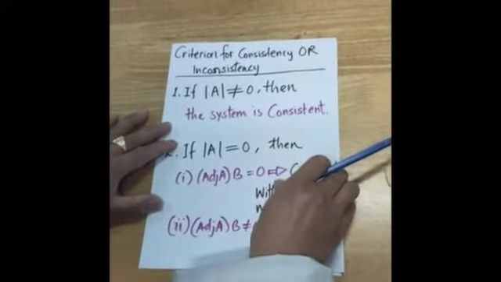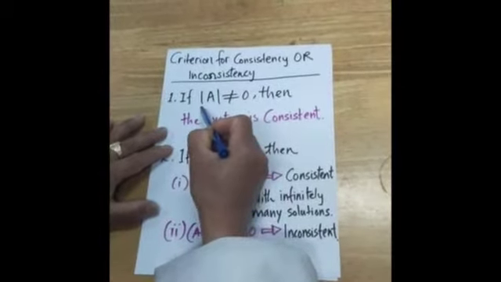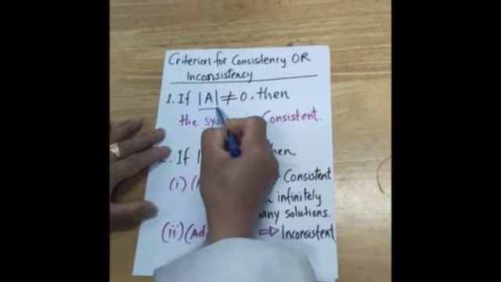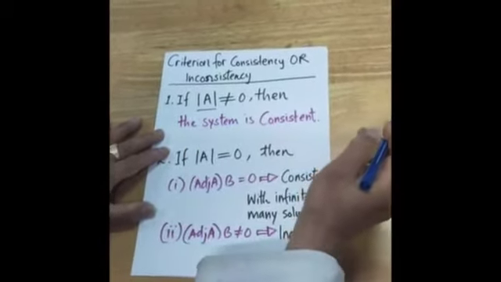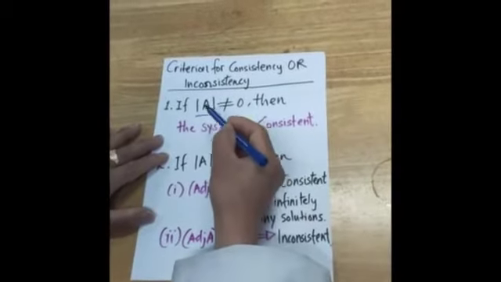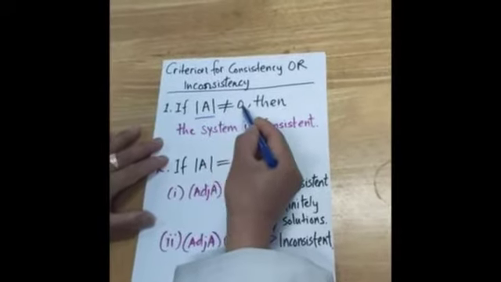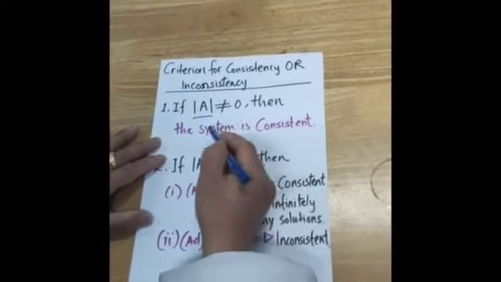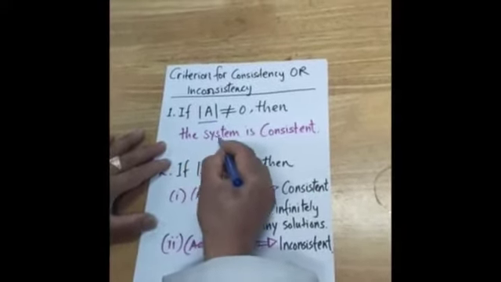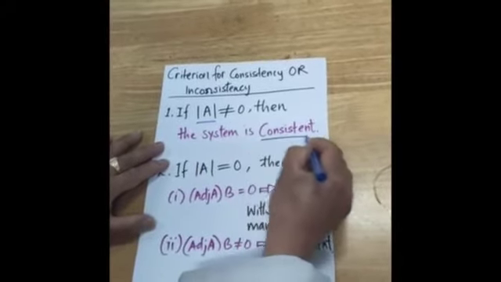In the first step, you have to determine the determinant of the coefficient matrix A. If the determinant of the coefficient matrix A is not equal to 0, then we say that the system of linear equation is consistent.